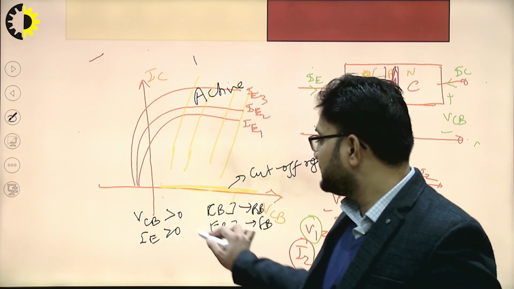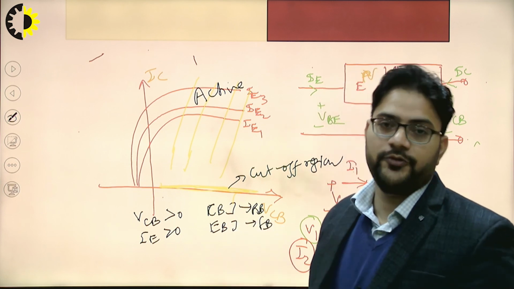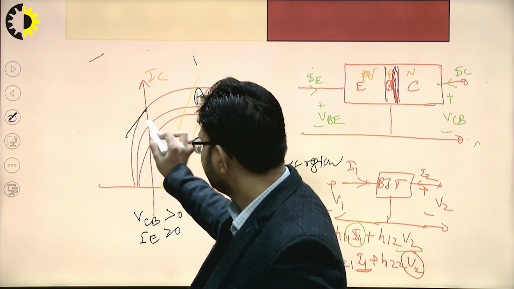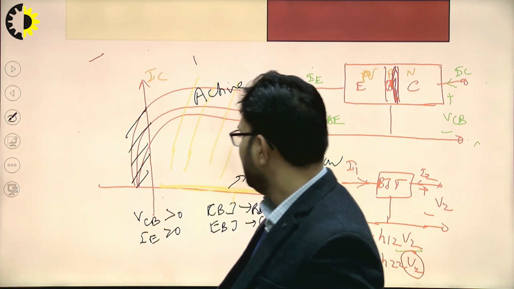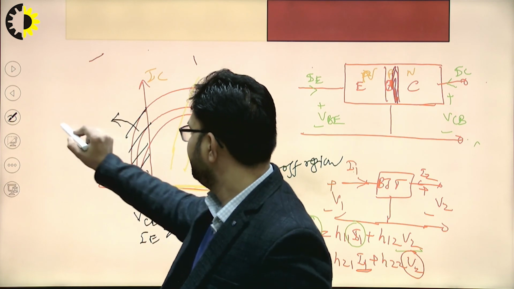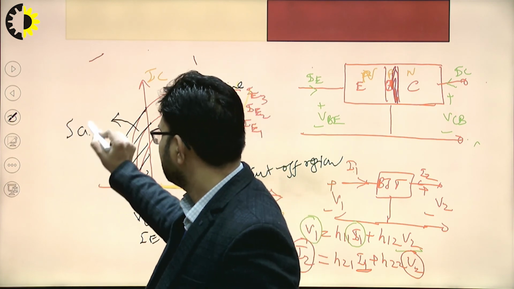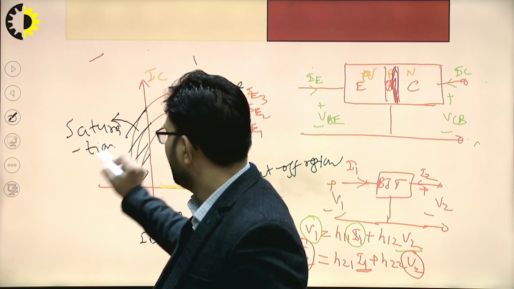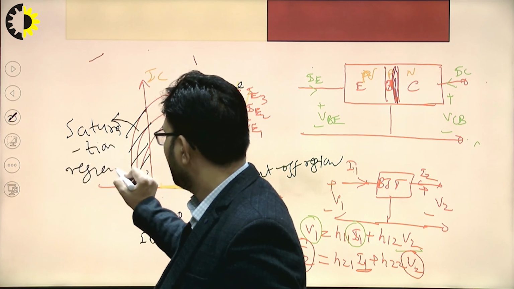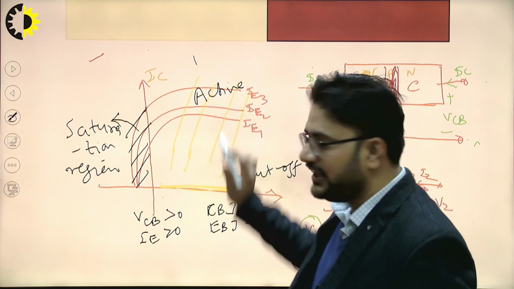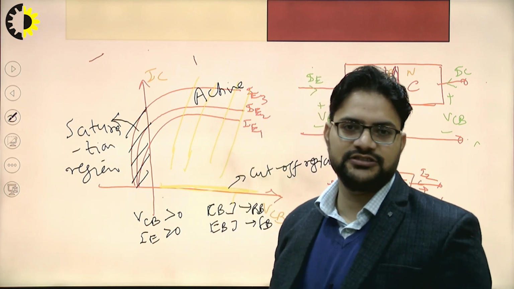IE is greater than 0, so the emitter base junction will be forward biased. So in this region VCB is less than 0 and IE is greater than 0. This region is your saturation region. So we have the active region, cutoff region and saturation region.